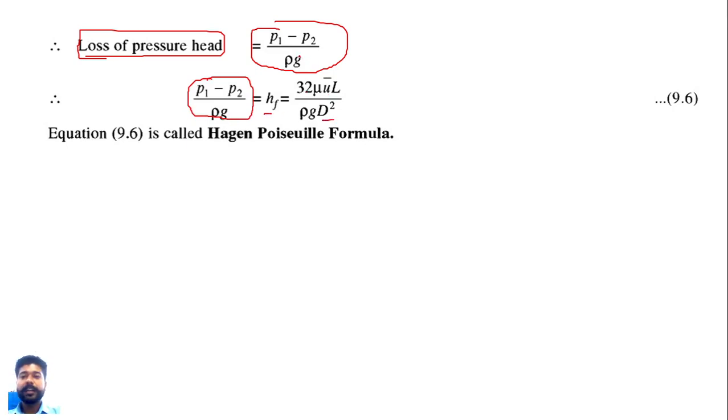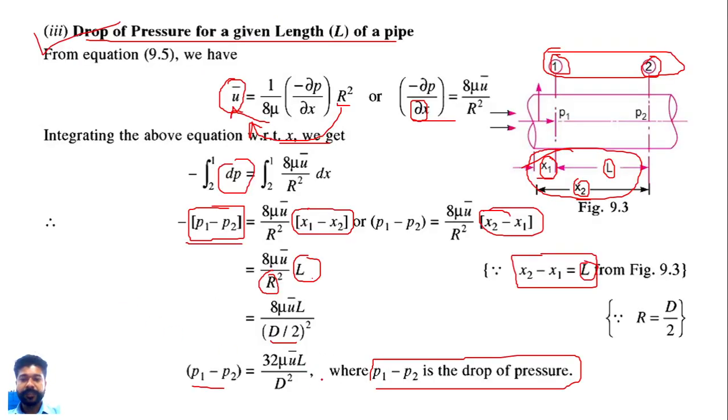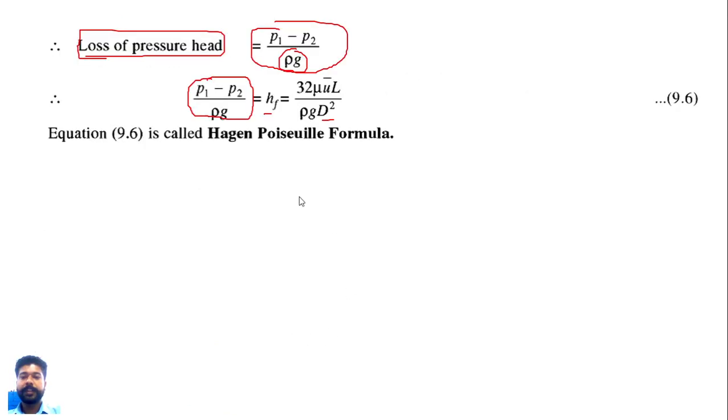So we are dividing this previous equation by rho g over here and rho g over here. So that we can write the equation P1 minus P2 upon rho g equals 32 mu u bar L divided by rho g d square.